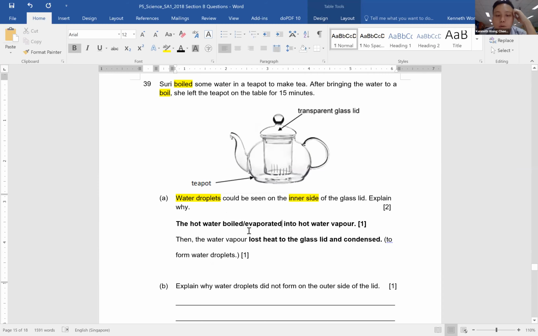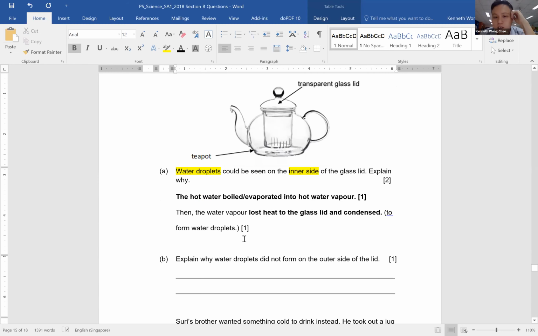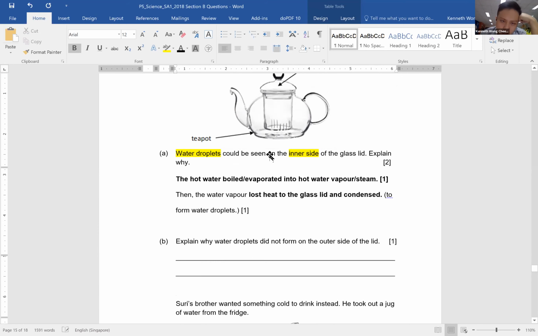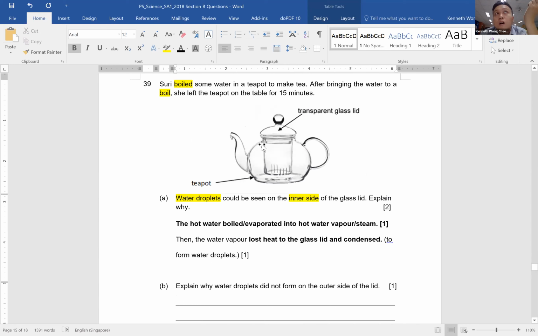So water boil or evaporated is fine. In this case, it's fine. Any other questions? Mr. Wong, I thought it was steam because it boiled. Yeah, it's fine. In this case, it's fine because it depends on how long, which part. Is it the part where the water was boiling or after that when the temperature has dropped? It could boil, it could evaporate.